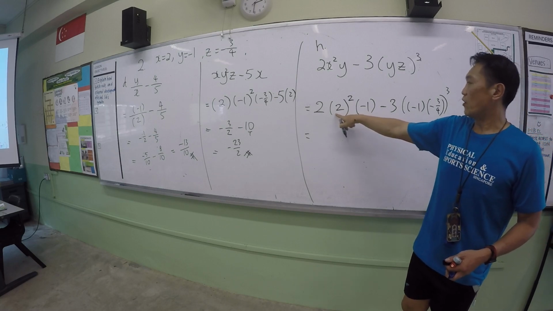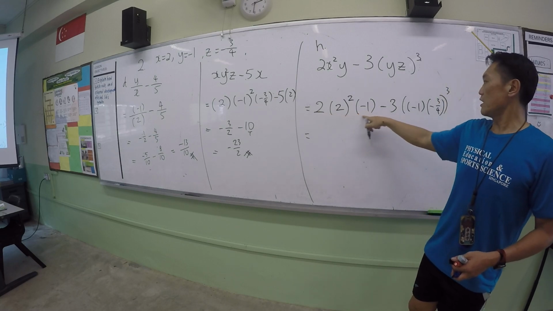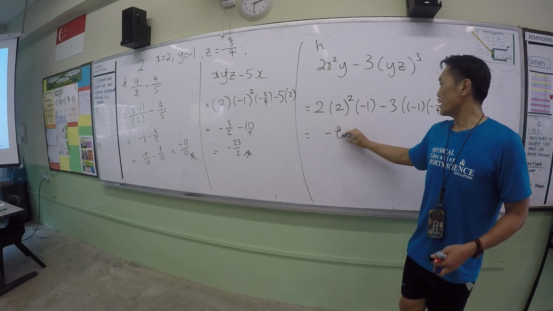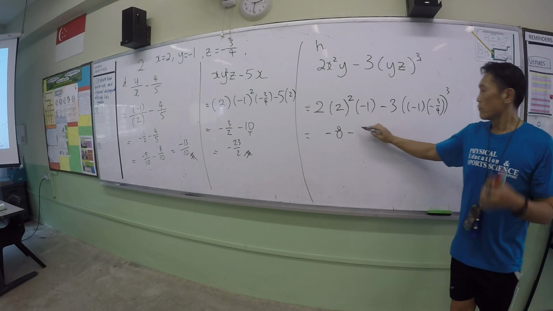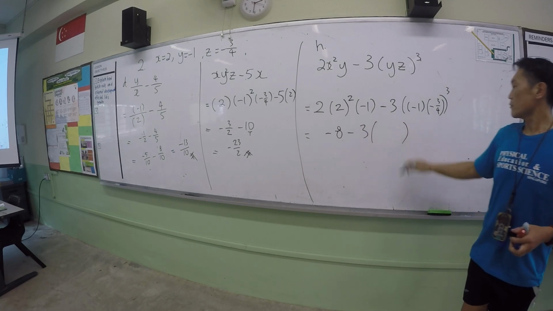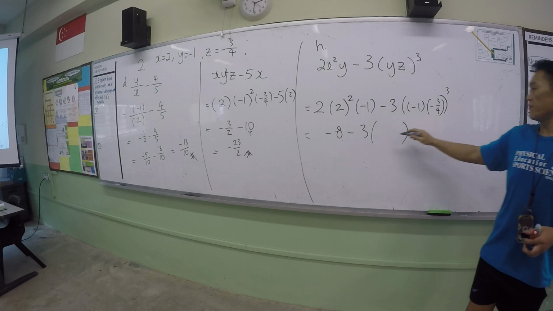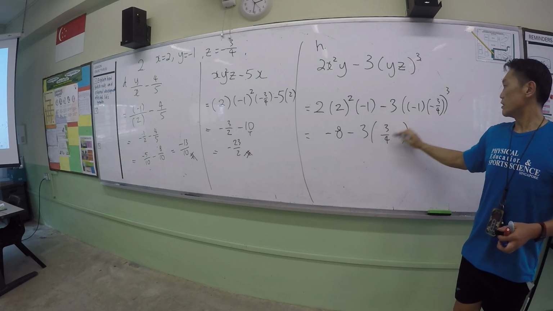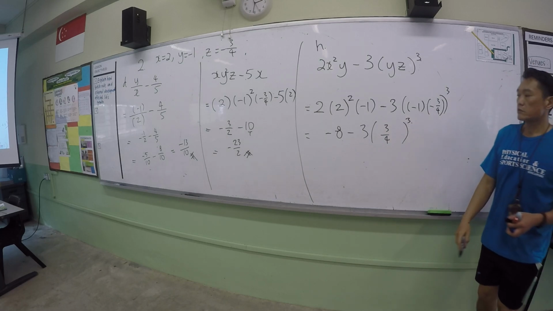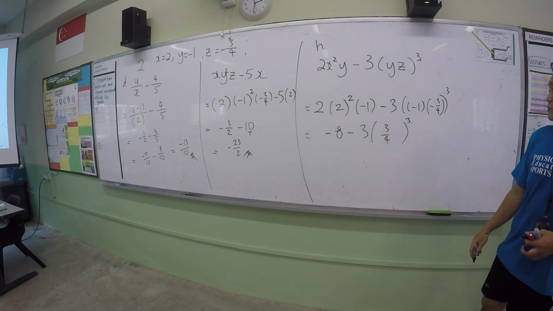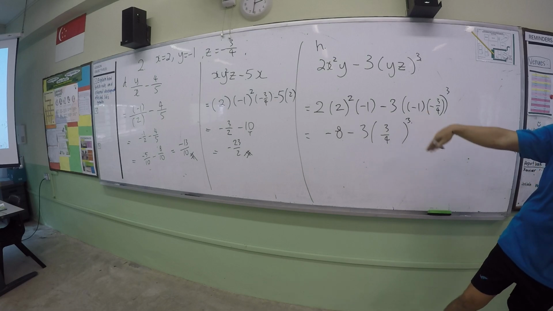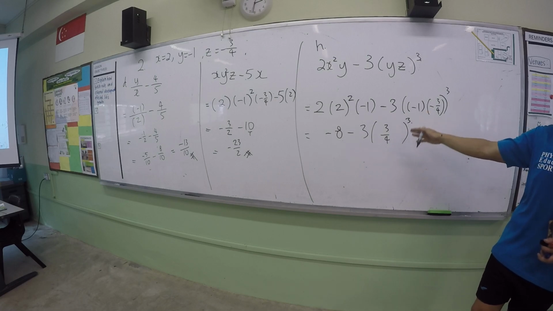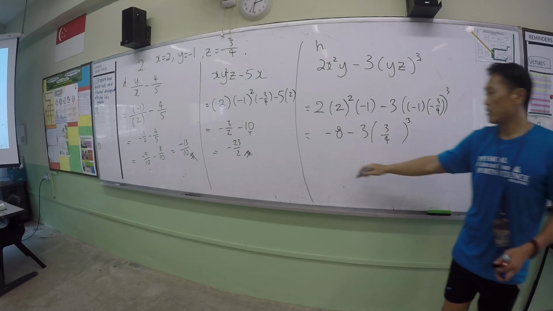2 square 4. 4 times 2, 8. 8 times negative 1, negative 8. Negative, negative become positive. 3/4. Okay? After that, if I simplify until like that, then use calculator, I will be more confident already.